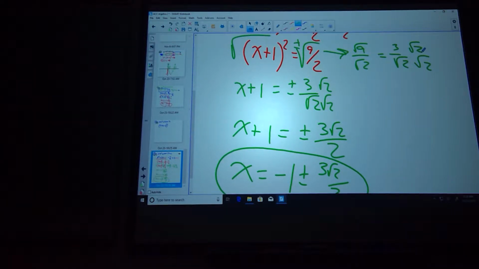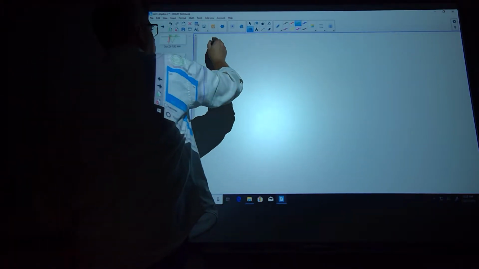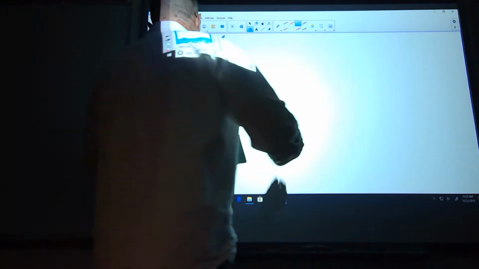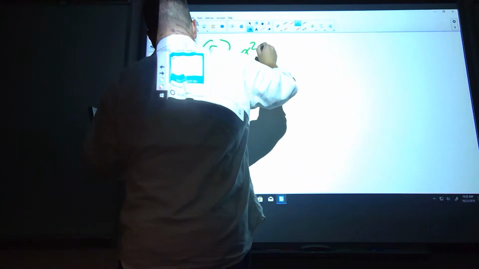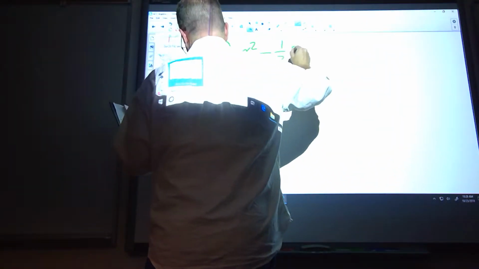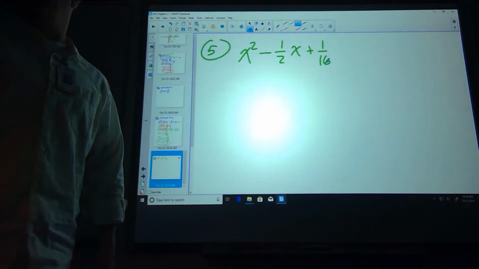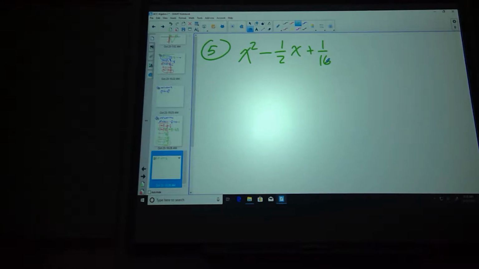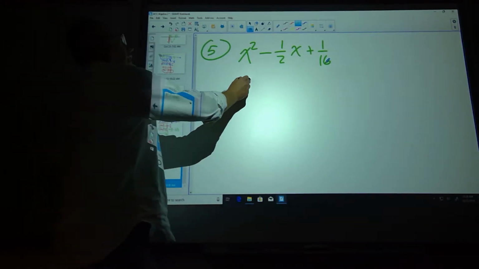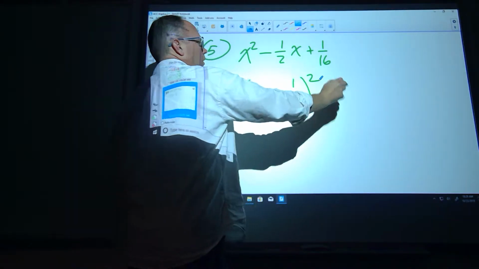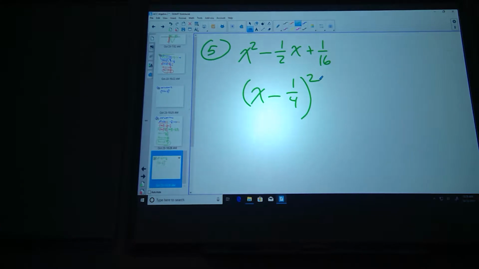Going once. You do 5. Number 5. Okay, if this was on an ACT or an SAT, this is definitely going to be a perfect squared trinomial. They're just trying to steer you away from it. So you'd have to say, okay, well, x minus 1/4 quantity squared is the answer.